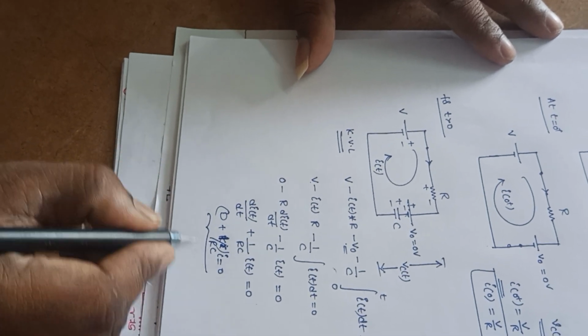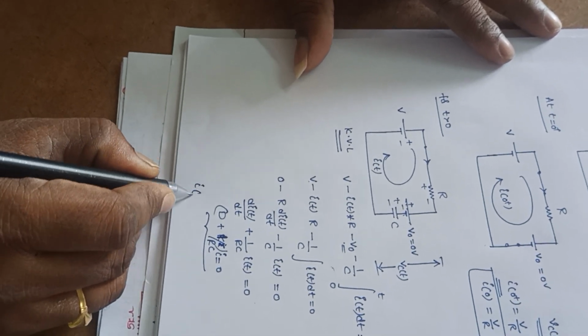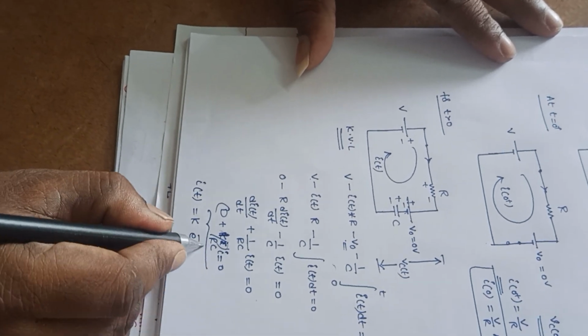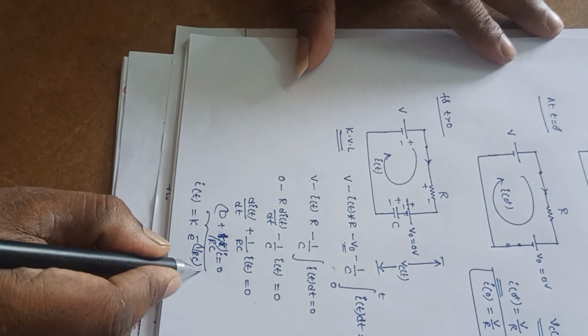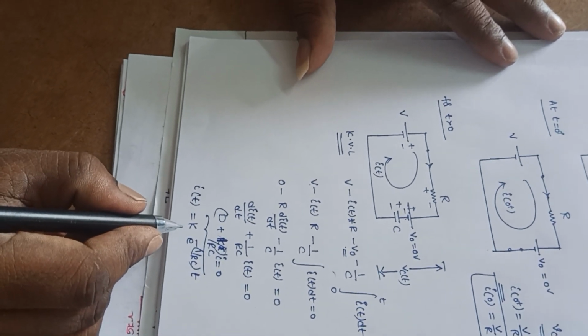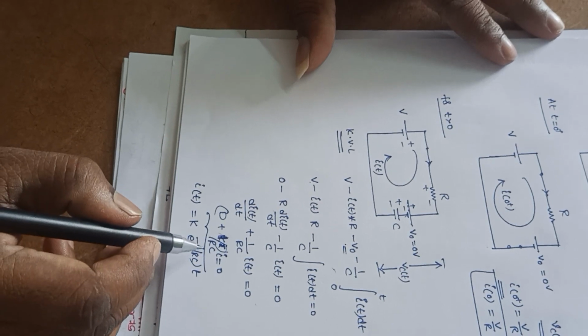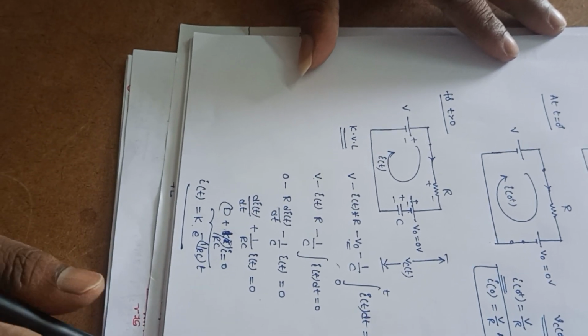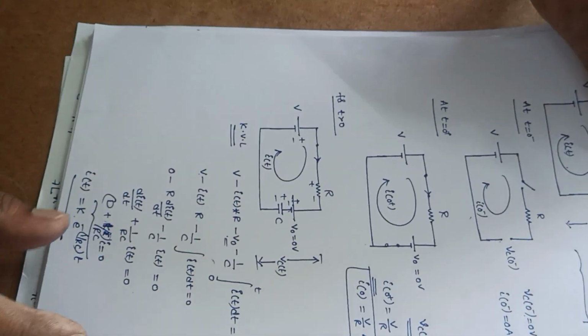If you want to find the solution for it, I of t is equal to k into e power minus 1 by RC into t. This solution is obtained from the first order differential equation concept.